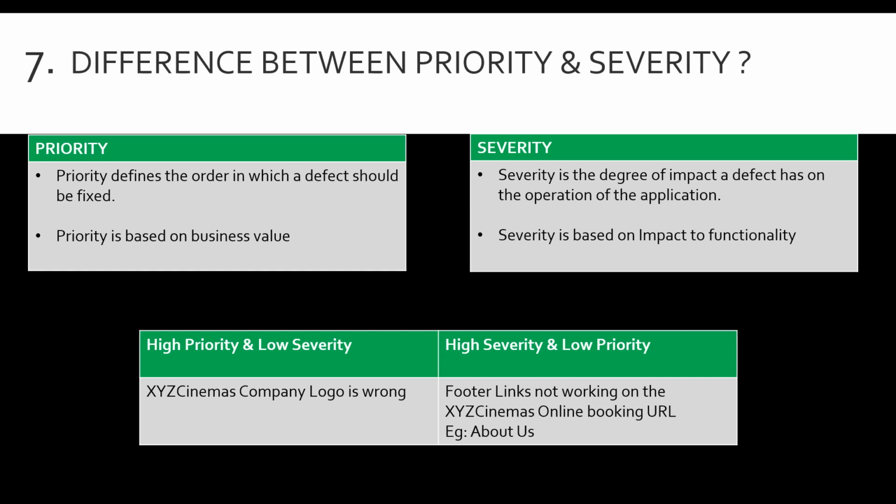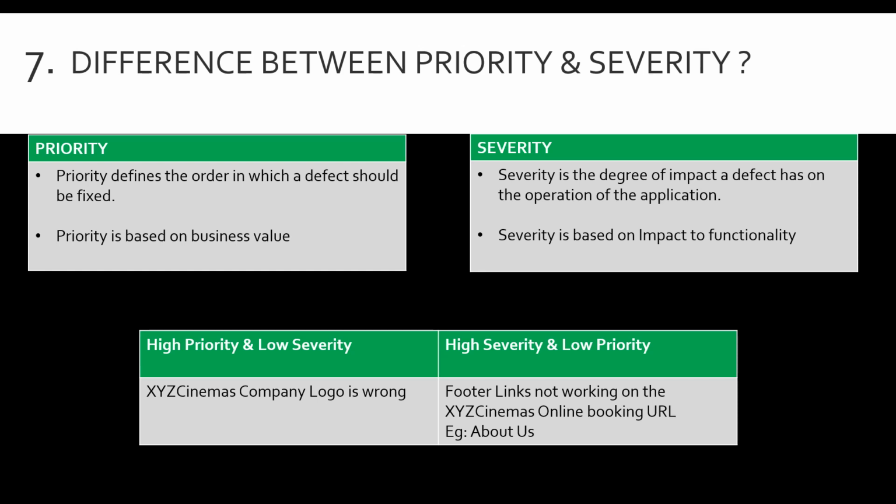So the severity is very low, but the priority is high because if the company logo is not the correct one, customers who are visiting the XYZ cinemas online booking website may think, you know what, this is not the website, or this may be a scammy website, or there are a lot of thoughts, and this will prevent the usage of this particular online booking service by the customers. So from a business perspective, it is a very high priority and it needs to be fixed. So this is one of the key examples which can be given.